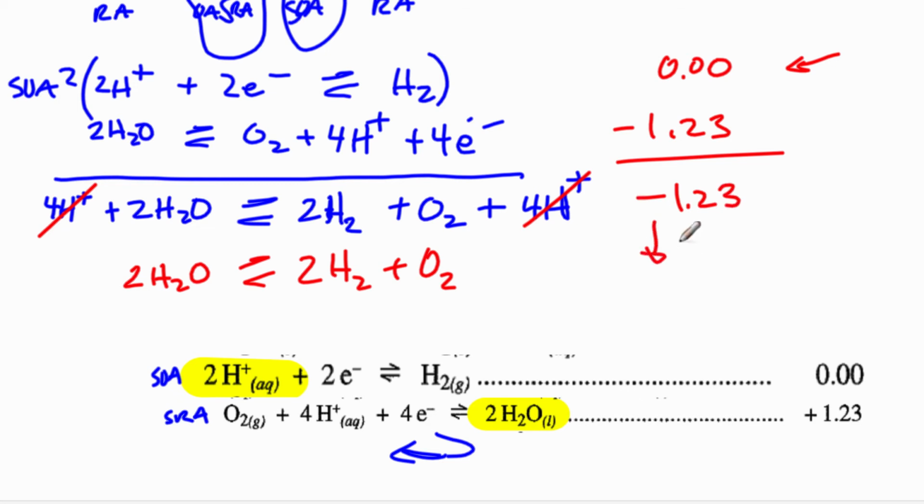Since it's negative, that means that it's non-spontaneous. In other words, if you drop your gold ring in hydrochloric acid, it won't do anything. I probably wouldn't advise it, although maybe it might clean it. But according to the redox reactions we have here, nothing's going to happen. The reaction will be non-spontaneous.